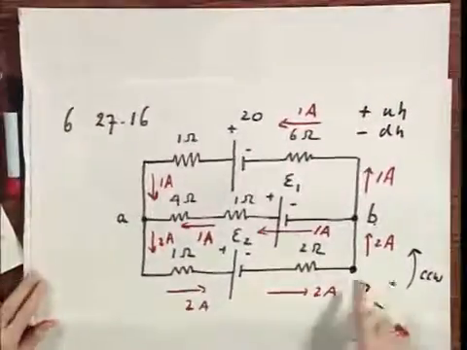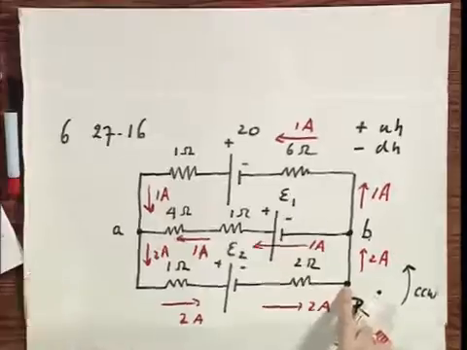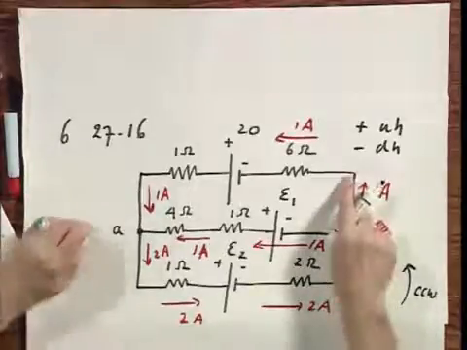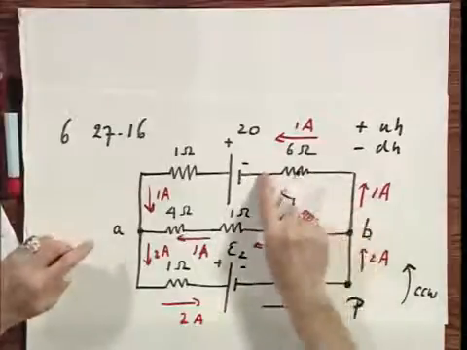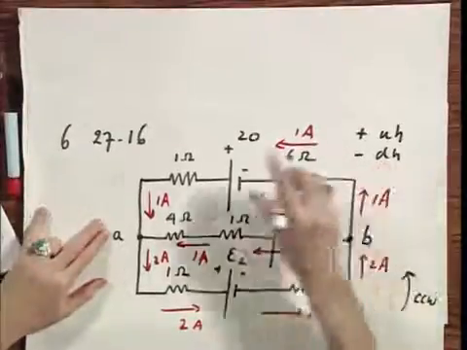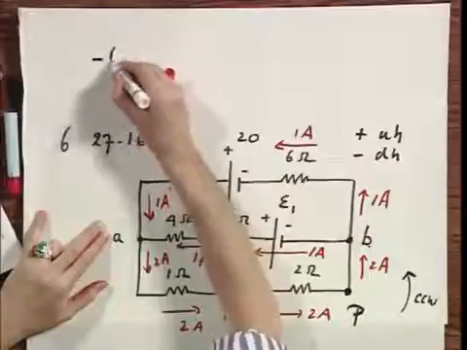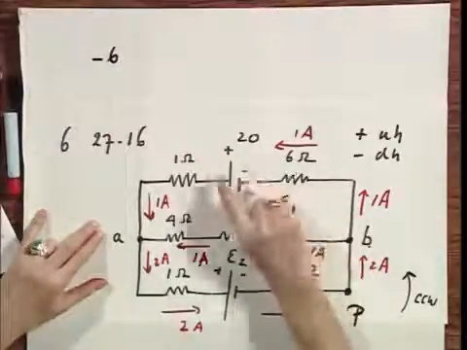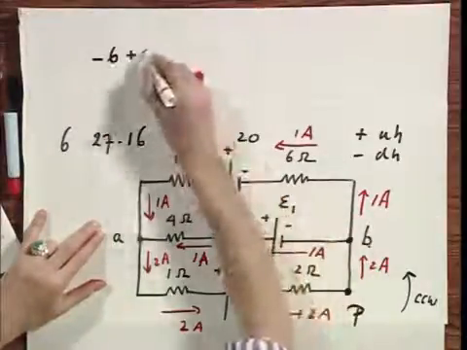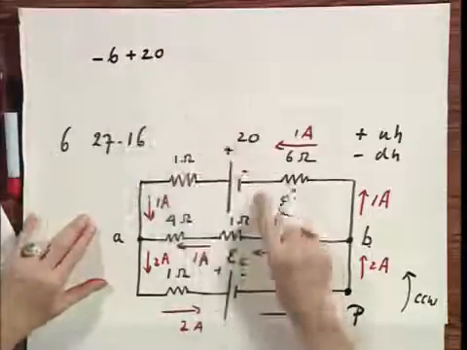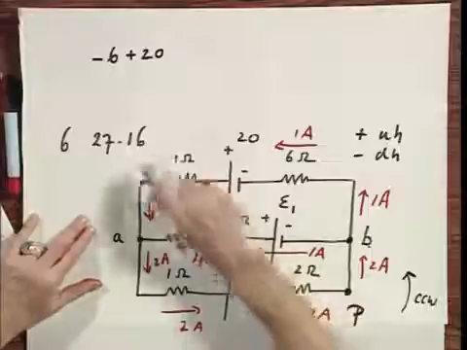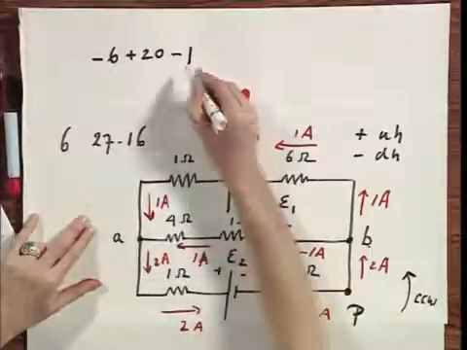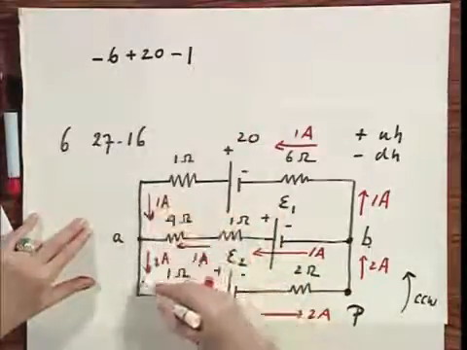Okay, so here we are. We're going this way. This point has a higher potential than this because it's in this direction, so I go downhill. So I get minus 6. Now I go uphill, to a higher potential, plus 20. Now the current is in this direction, so I go to a lower potential, so it's minus 1. Nothing here.